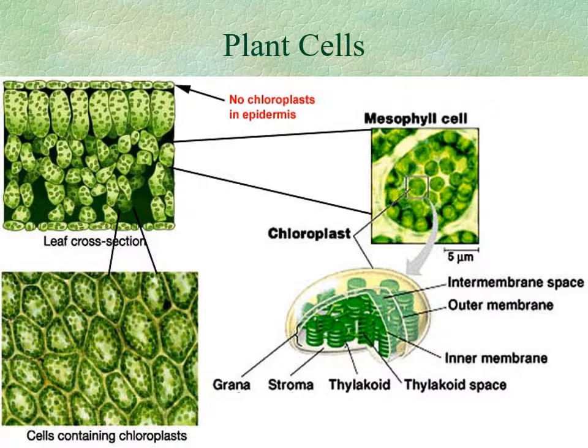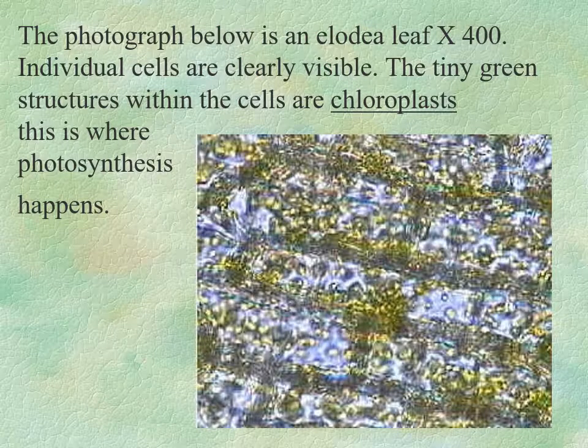So here we go. Here's some pictures of the plant cell. You can see that there's no chloroplast in the epidermis, but you can see that in the cells there is chloroplast in them. So this photograph below is of an elodea leaf, and it's at 400 times.